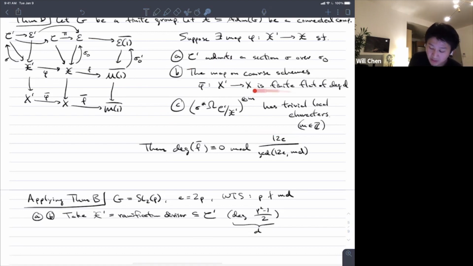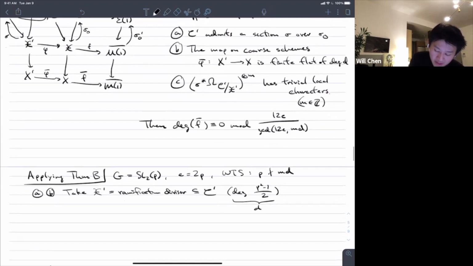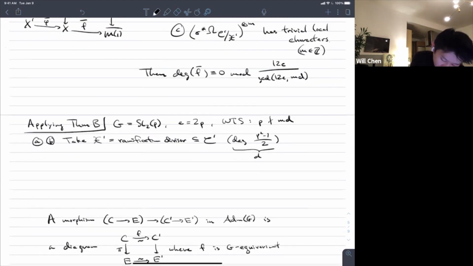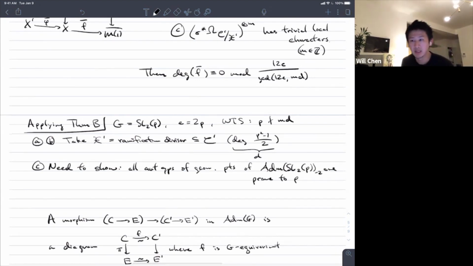Part C is a lot more subtle. For part C, essentially what it boils down to is that it would suffice to show that all automorphism groups of geometric points of ADM SL2P are prime to P. In fact, we can restrict to the components with trace invariant -2.